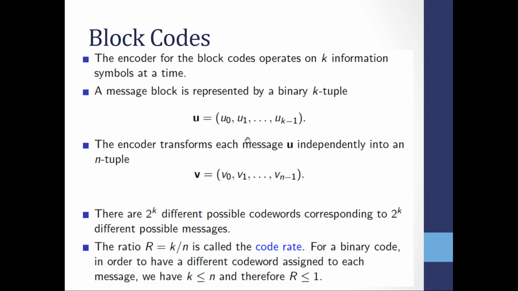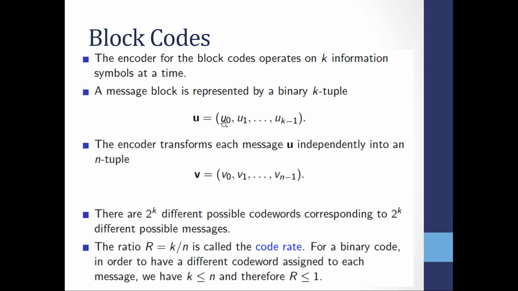The encoder transforms each message u independently into an n-tuple v. After the encoding process, you get v. Now v is also a binary sequence of zeros and ones, but the length of v is greater than u; usually n is greater than or equal to k.